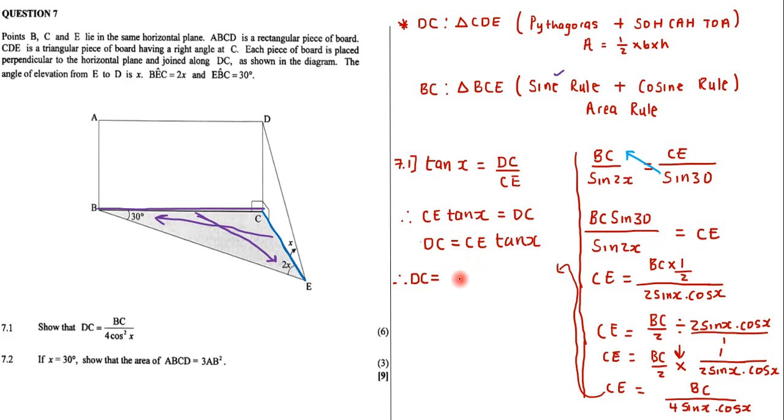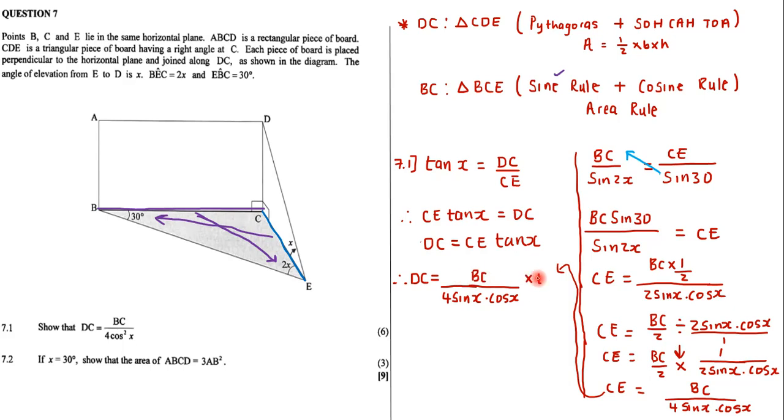I know here that CE is BC over 4 sine x, times cos x. Let me just fix this, put it in the middle there.